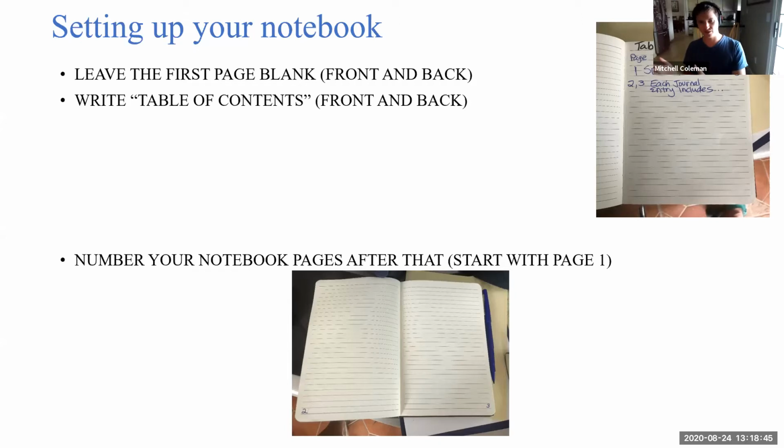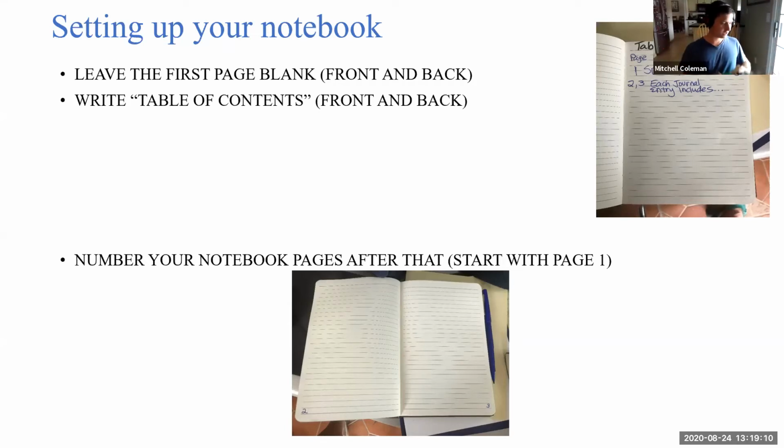Other people might bias it a bit more toward drawing. It's up to you. But there is a certain format that I would like you to subscribe to no matter which way you end up going. And so I'll take a few minutes to discuss how I'd like you to set up your notebook.